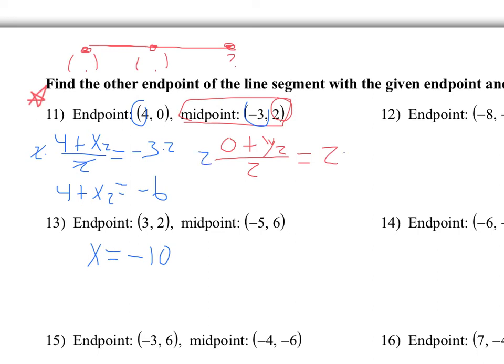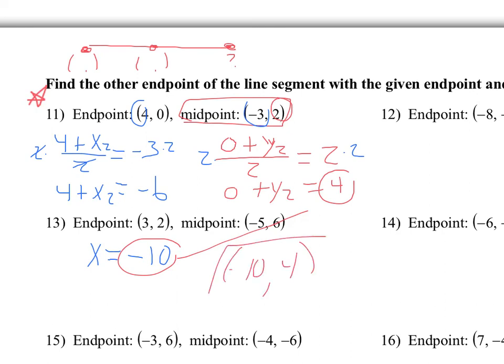I'd multiply both sides by 2, and that is the common theme for all of these in terms of solving. I have 0 there. That has no impact. So my other coordinate value is 4. So we have an x and a y. So if I were to write it as a coordinate, this is my other endpoint.